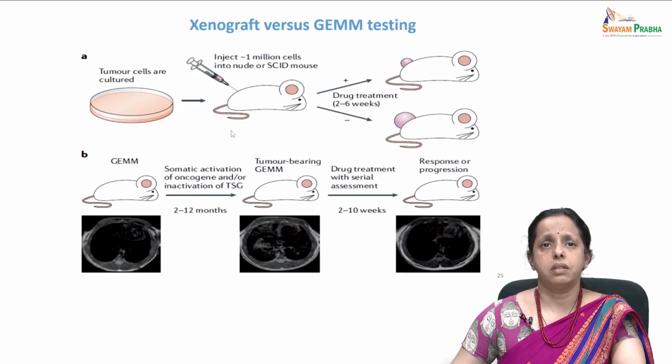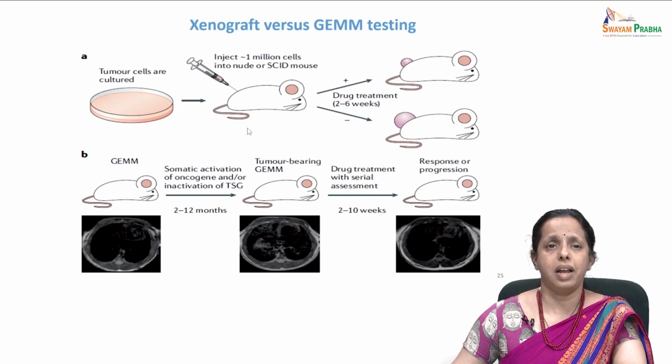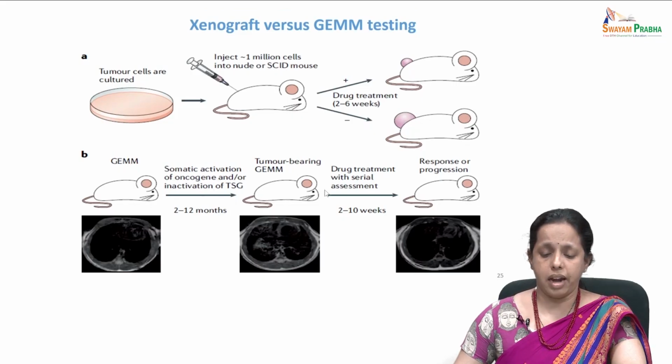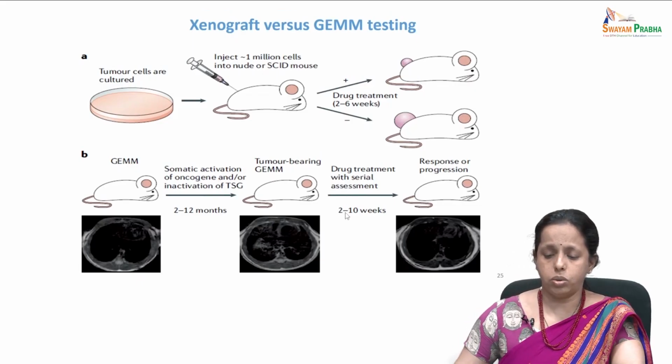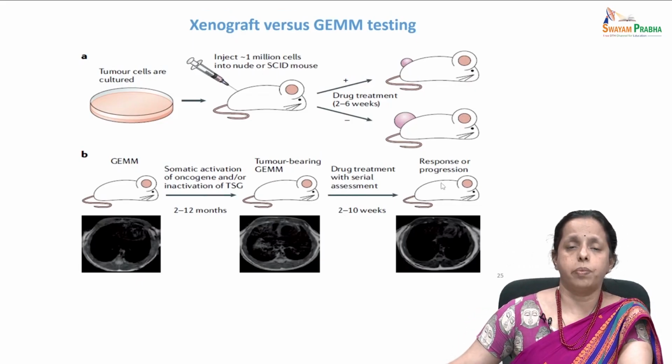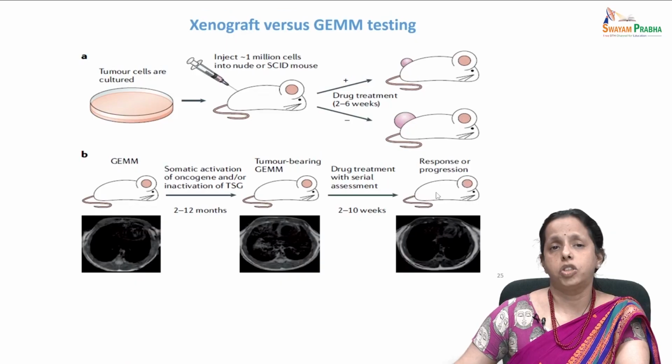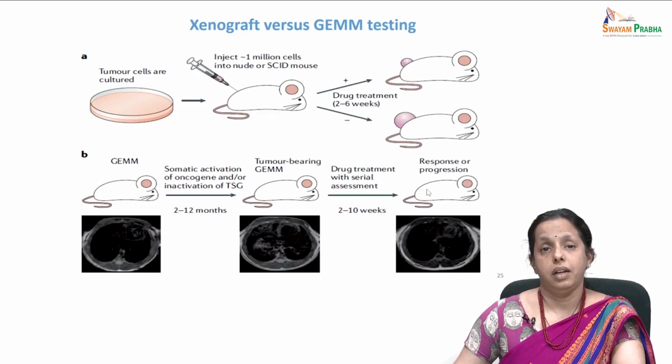We have discussed the xenografts in detail in earlier slides, whereas for the GEM, here the somatic activation of an oncogene and/or inactivation of a tumor suppressor gene will lead to the generation of tumor-bearing GEMs. During treatment with serial assessment, which may take 2 to 10 months, the response or progression of the tumor in the mice can be determined.